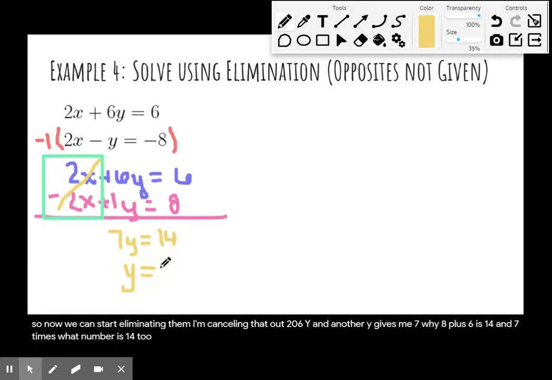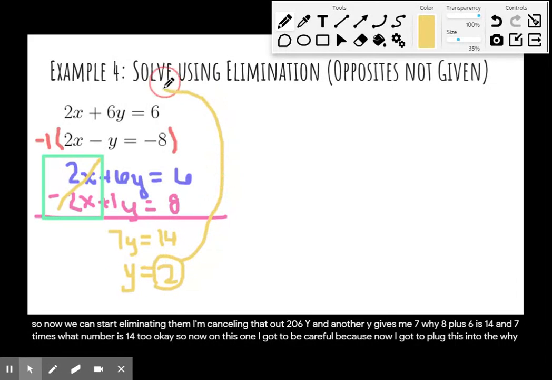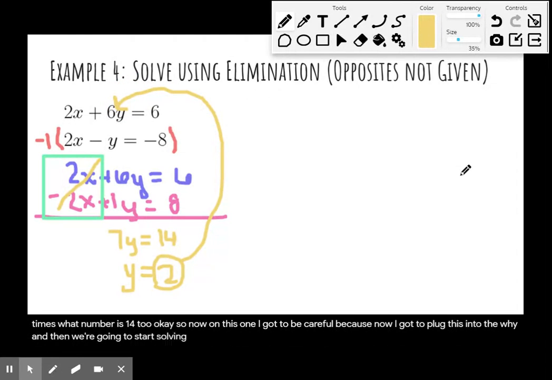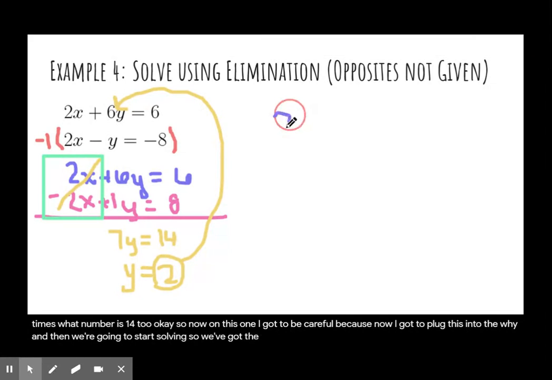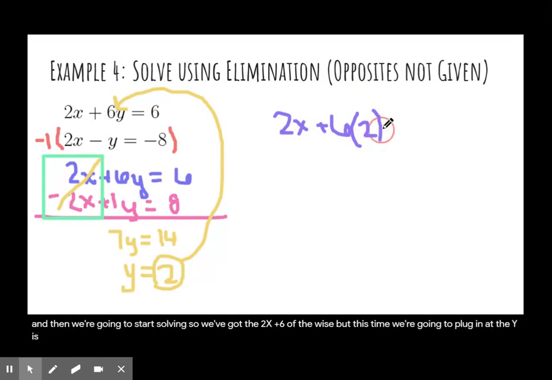2. Okay, so now on this one I gotta be careful because now I gotta plug this into the y. And then we're gonna start solving. So we've got the 2x plus 6 of the y's, but this time we're going to plug in that the y is 2, and that has to equal 6.